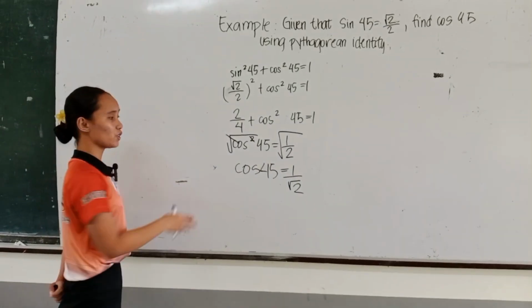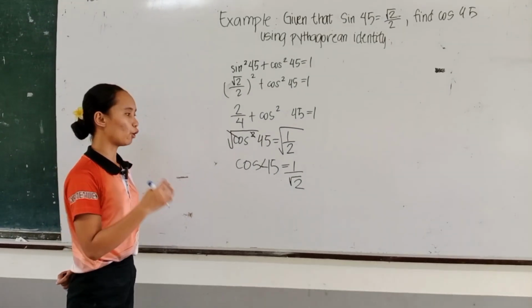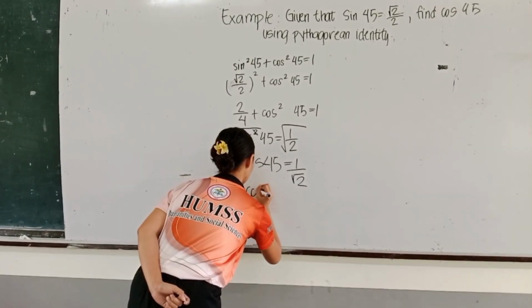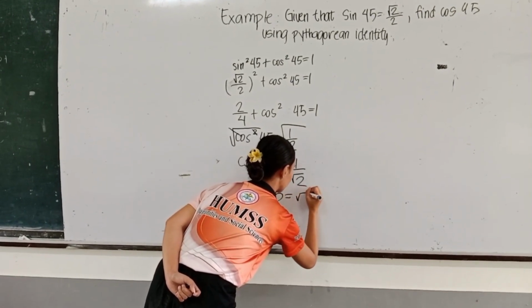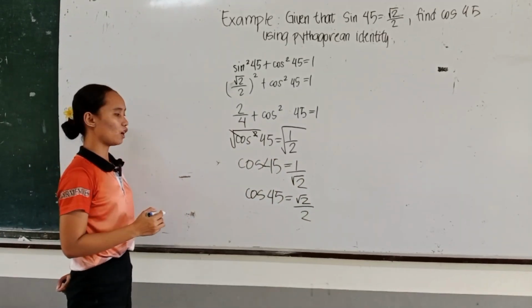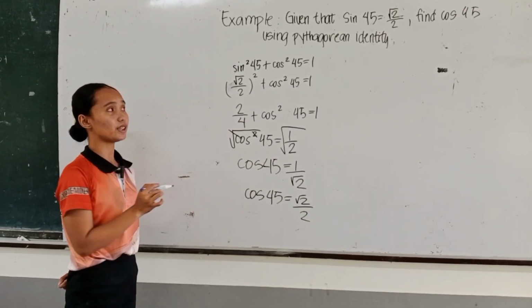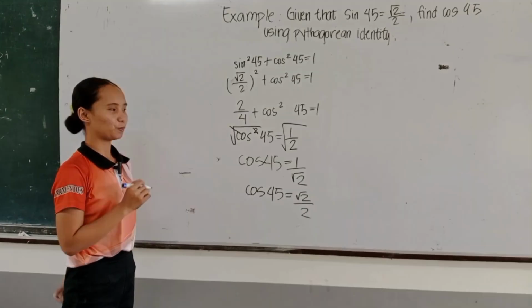Then we must rationalize because the denominator is in radical form. Therefore, the value of cosine 45 using the Pythagorean identity is square root of 2 over 2.